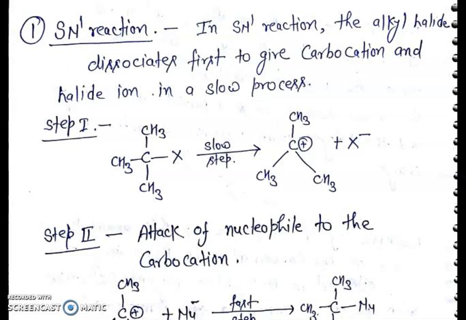In SN1 reaction, the alkyl halide dissociates first to give carbocation and halide ion in a slow process. It means that the formation of carbocation takes place in step first. The example is given below. In this example, tertiary alkyl halide dissociates first to give tertiary carbocation and halide ion.